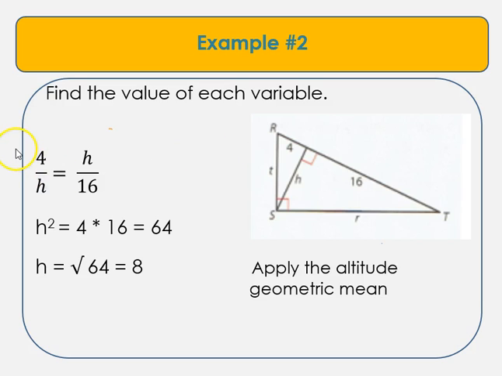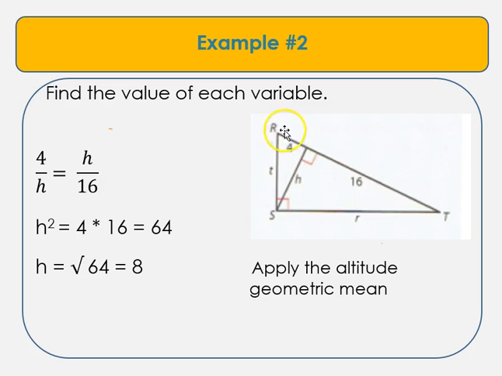The corollary of 11.3 A, which is the altitude mean corollary, says the altitude to the hypotenuse, which is h, of a right triangle divides the hypotenuse into two segments such that the length of the altitude is the geometric mean between the lengths of the two segments of the hypotenuse.